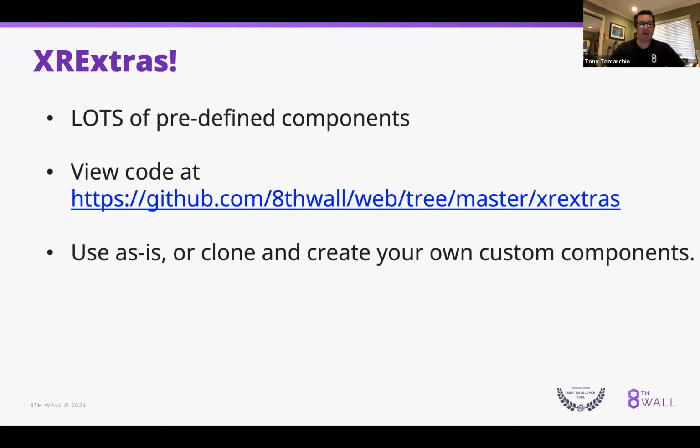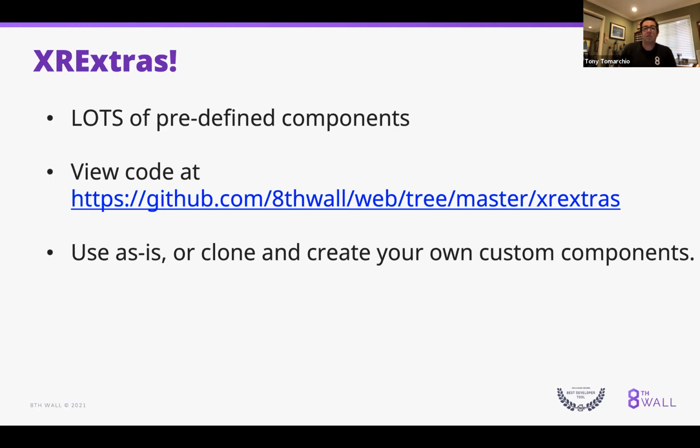So again, the beauty of this is use them as is, but because this is also on GitHub, look at the code, check out the URL listed on the screen here. If for nothing else, go there to understand just how these components are working under the covers and what they do. But also really use it as a starting point for further customization. So if it doesn't do exactly what you want, copy the code, modify it, and come up with something custom that meets your specific needs here.